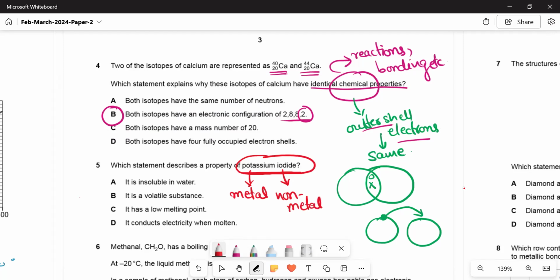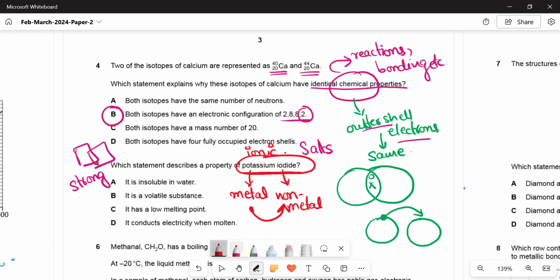The bond between potassium and iodine is ionic bonding, between a metal and a non-metal, because metals always lose and non-metals always gain. Ionic compounds are solids, and the force of attraction is very, very strong.